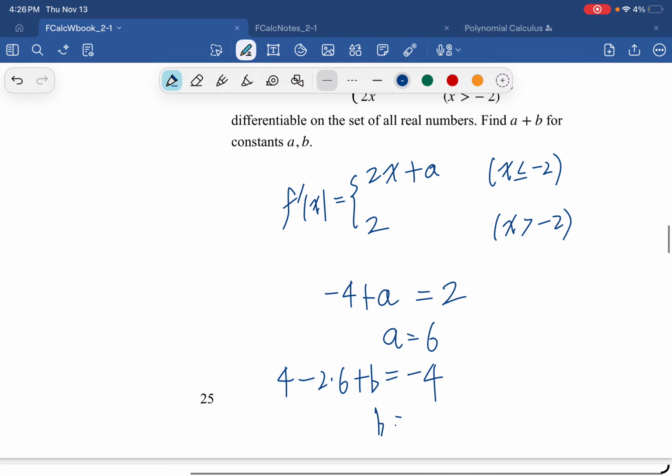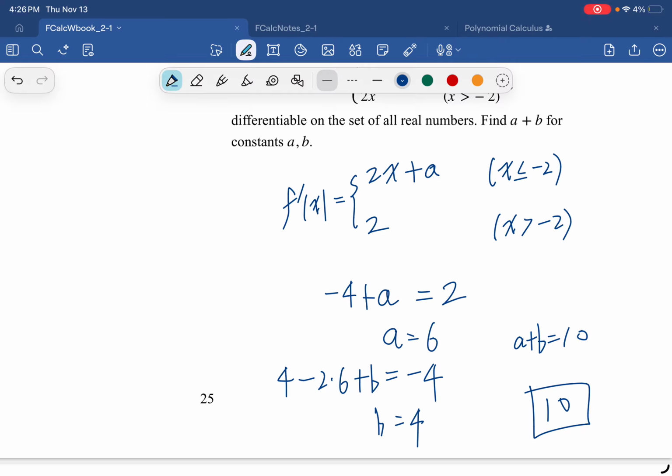So b equals 4 plus -4 plus 12, that's 8, minus 4 is 4. So b equals 4, therefore a plus b equals 10. Okay, so remember, when we're talking about differentiability, continuity is always implied, but not the other way around.